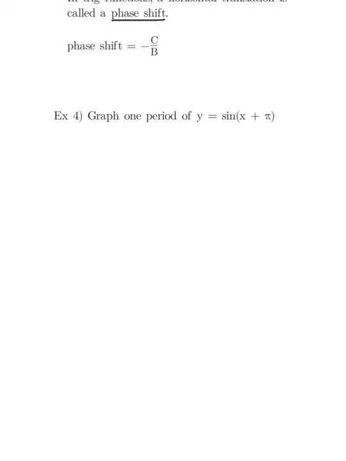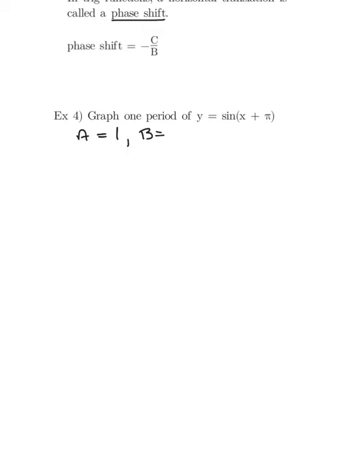Our first example involving a phase shift is to graph the function y equals the sine of the quantity x plus pi. Let's recognize here that a is 1. There's no number showing out front, so it's assumed to be 1.